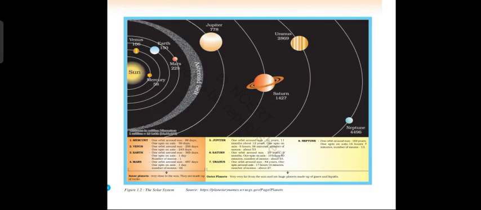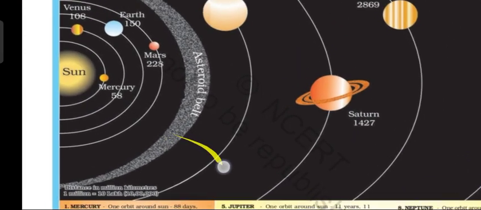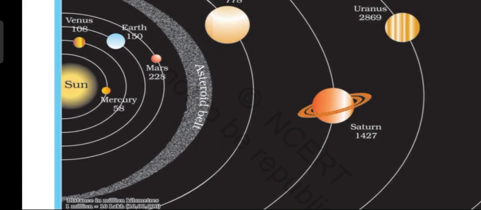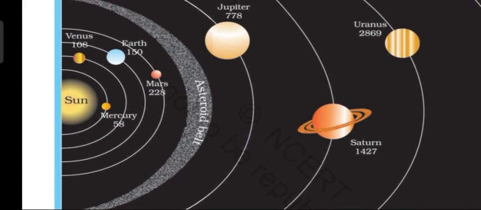See this figure 1.2. This asteroid belt, children, that you see between the planet Mars and Jupiter. So this is the asteroid belt, and all these rocky bodies are found inside this belt only.